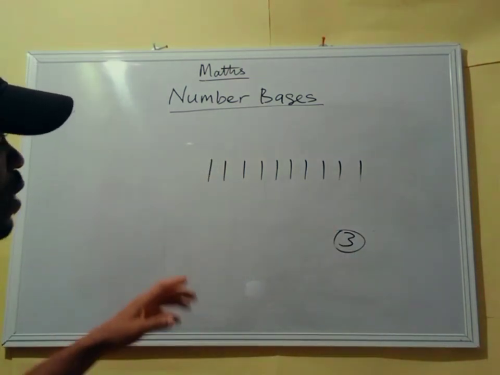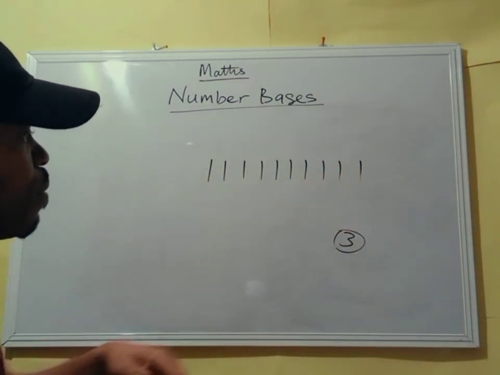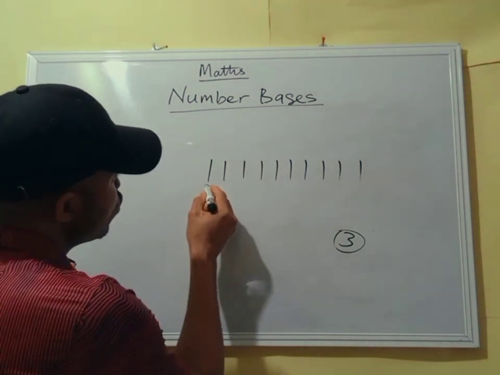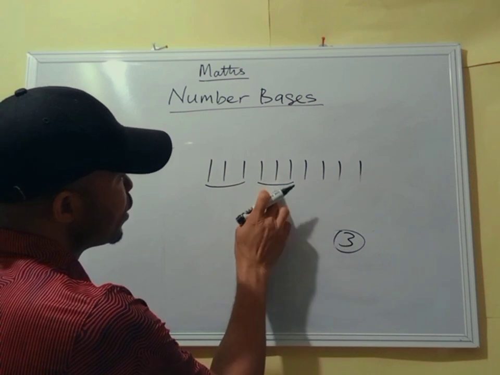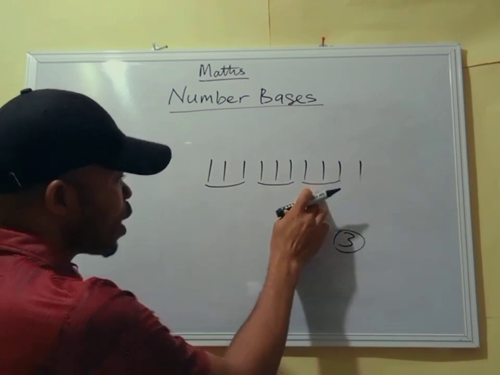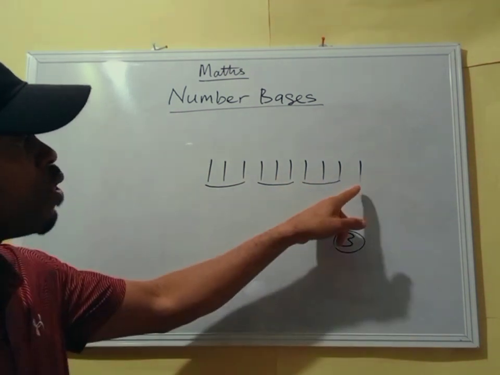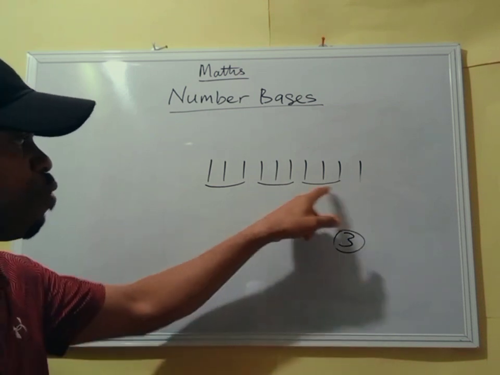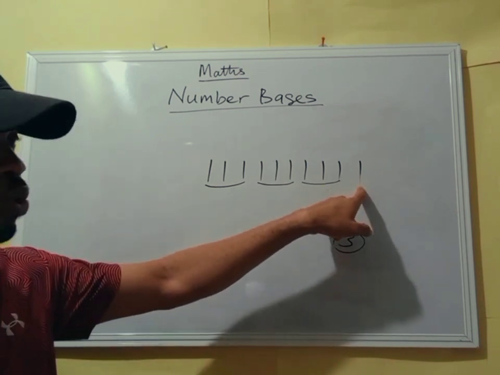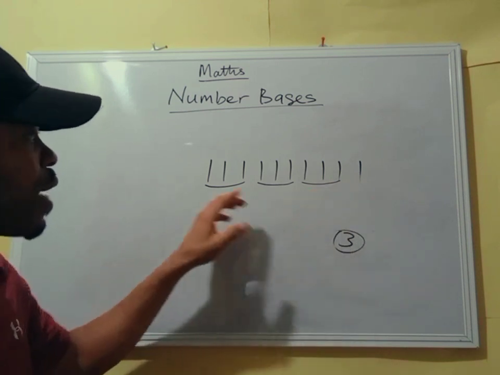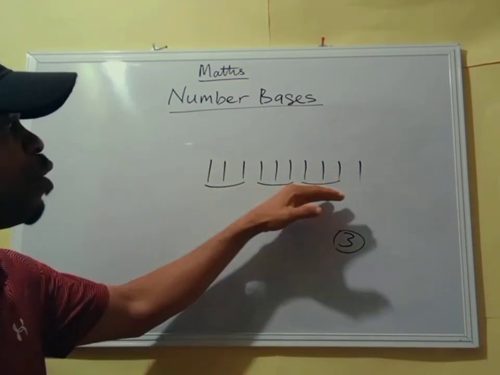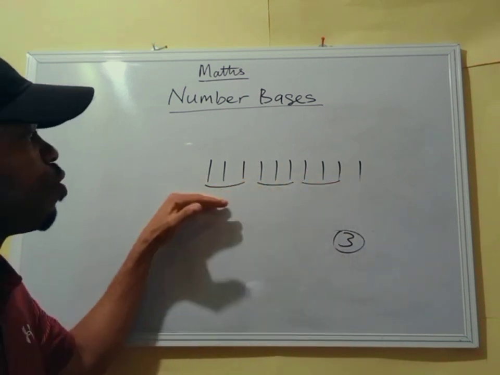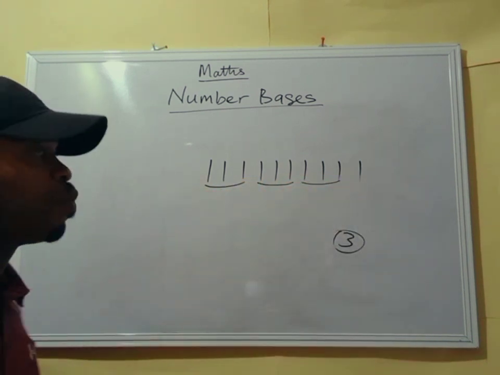It means that out of these 10 items, when you count 1, 2, 3, you have one bundle. 1, 2, 3, another one bundle. 1, 2, 3, another one bundle. And you'll be left with one item that is not up to 3 again to form another bundle. Alright? So if you are counting 10 items in base 3, you are going to have 3 bundles, remainder 1. So we call it 3, remainder 1.